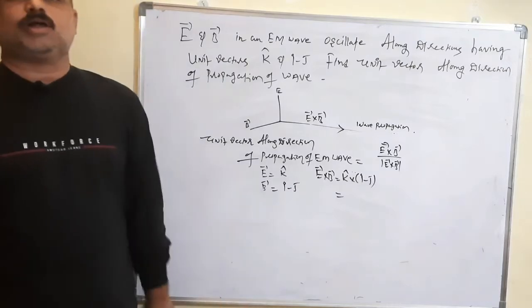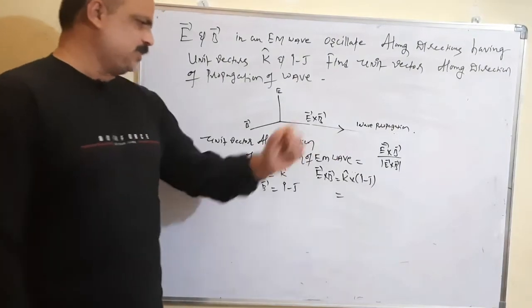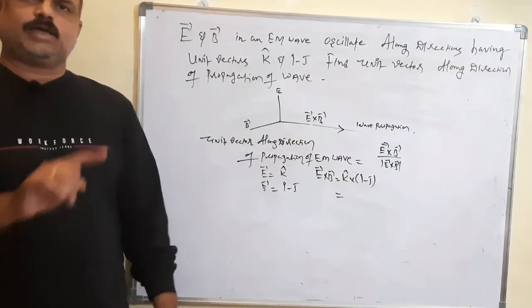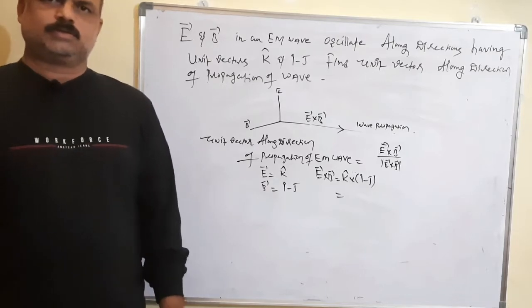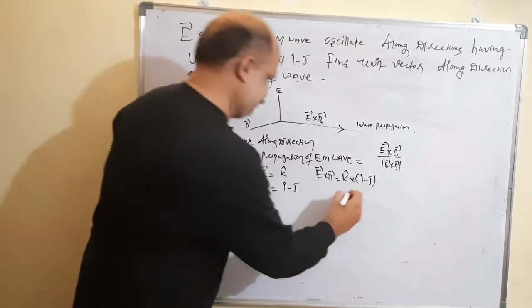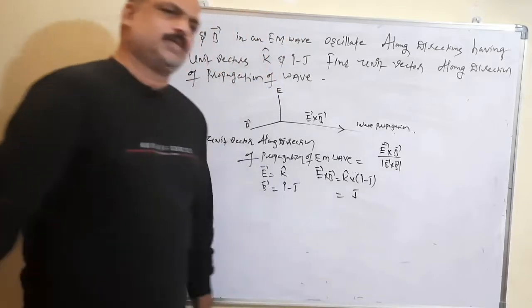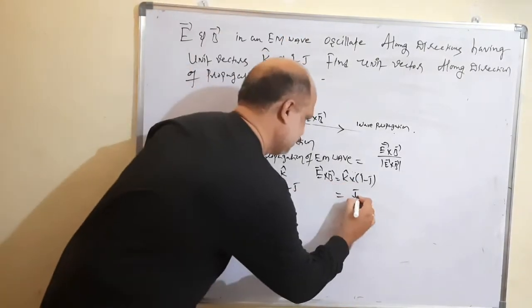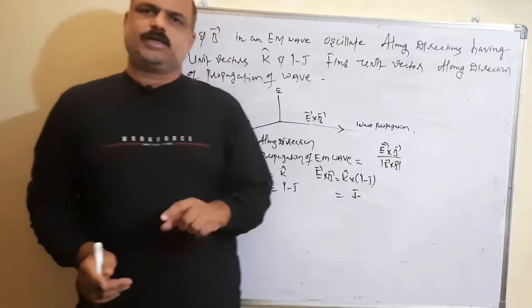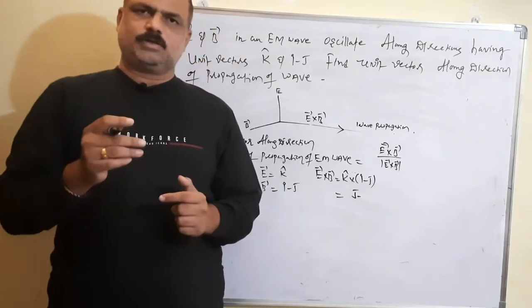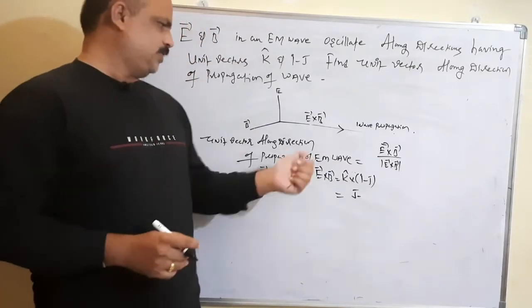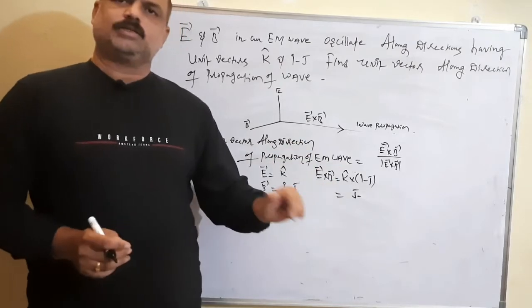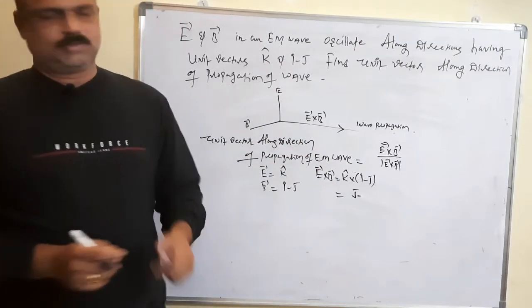The cross product we already learned in first year. k cross i is equal to j. Minus k cross j. That is not in symmetry. k cross j is equal to minus i.